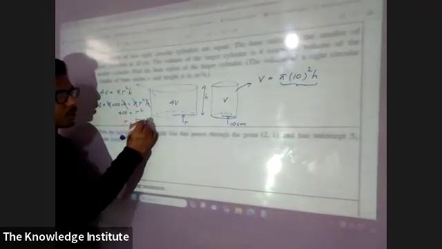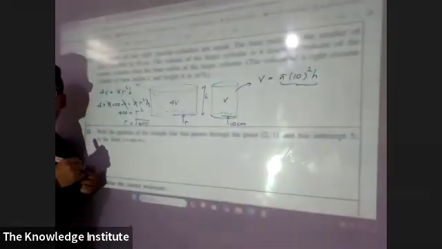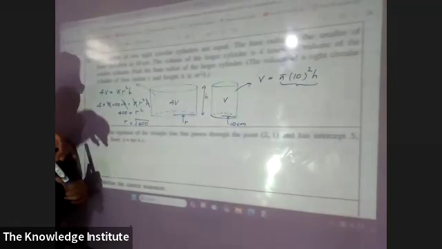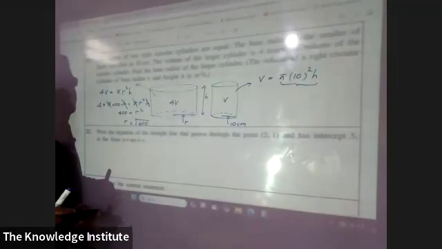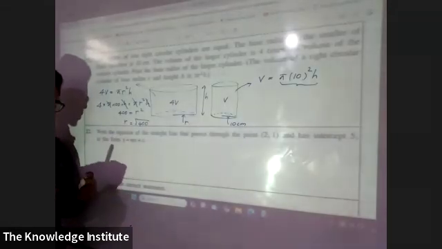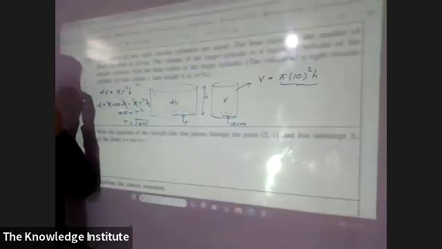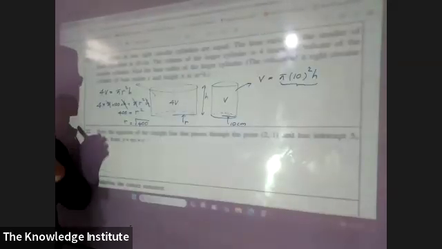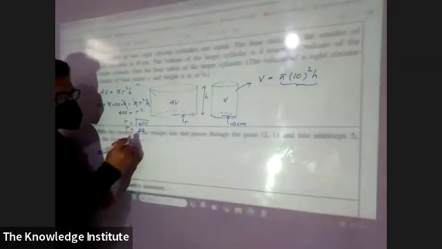Therefore, r equals square root of 400. What is the square root of 400? Yes, so r equals 20.